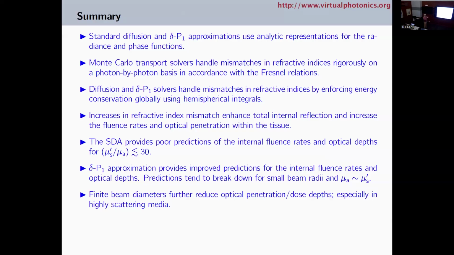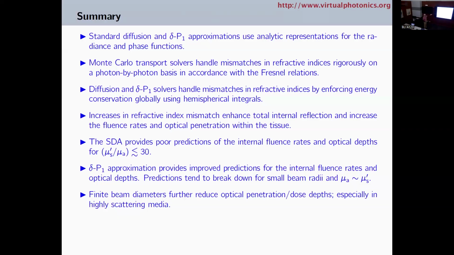All you can do in the standard diffusion approximation, or delta P1, is to conserve that interaction on hemispheres. I say that the light coming down from that boundary has to equal the amount of all the light that goes up over the entire hemisphere multiplied by the fraction that gets scattered down. So we can't do a detailed balance. All we can do is hemispheric integrals.